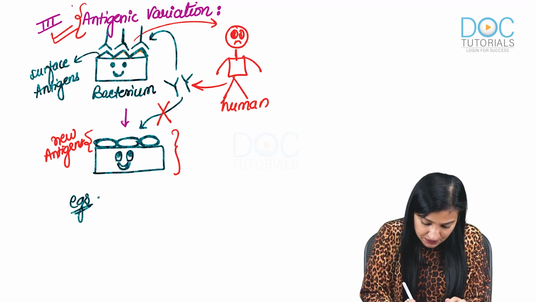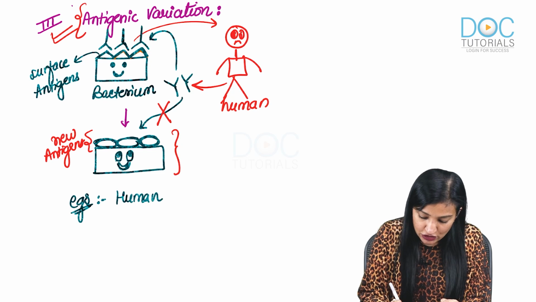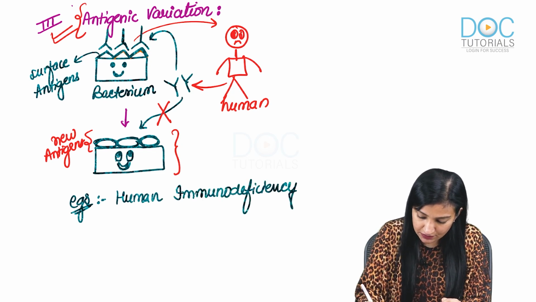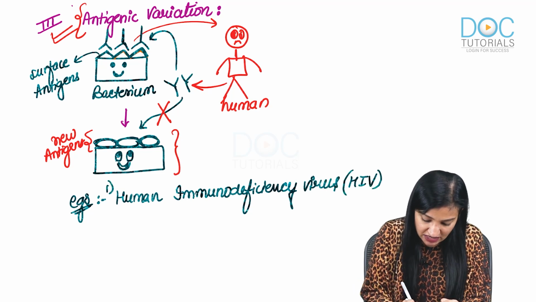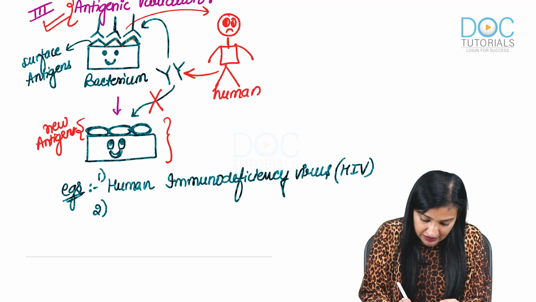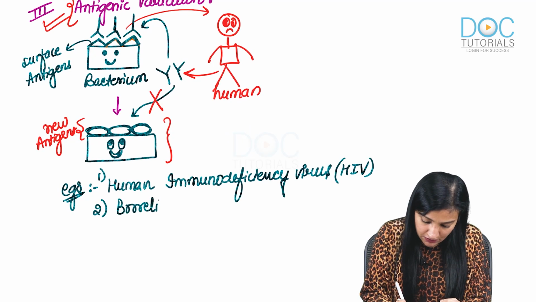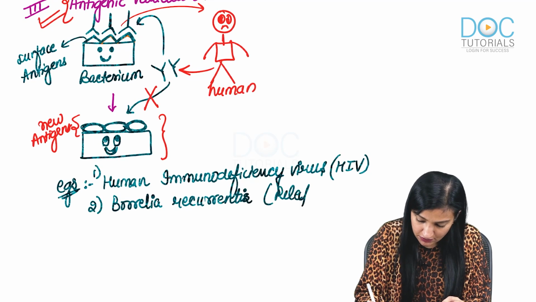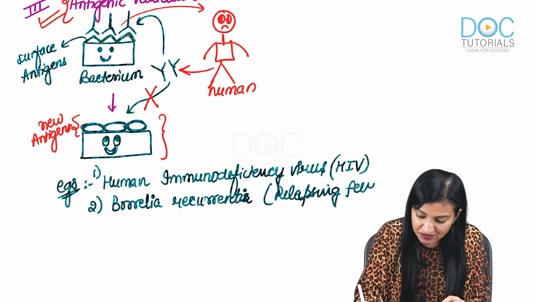For instance, human immunodeficiency virus, that is HIV, this is one example. Then Borrelia recurrentis, which causes relapsing fever.